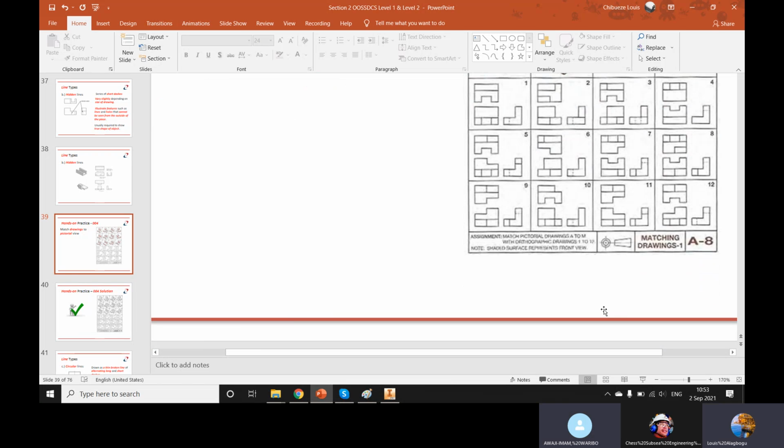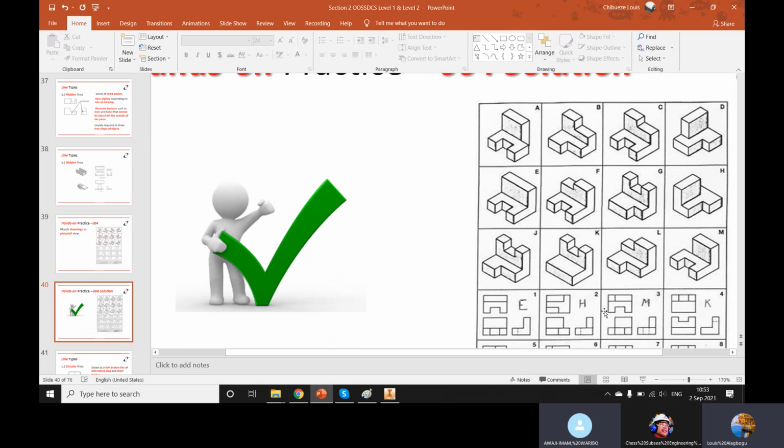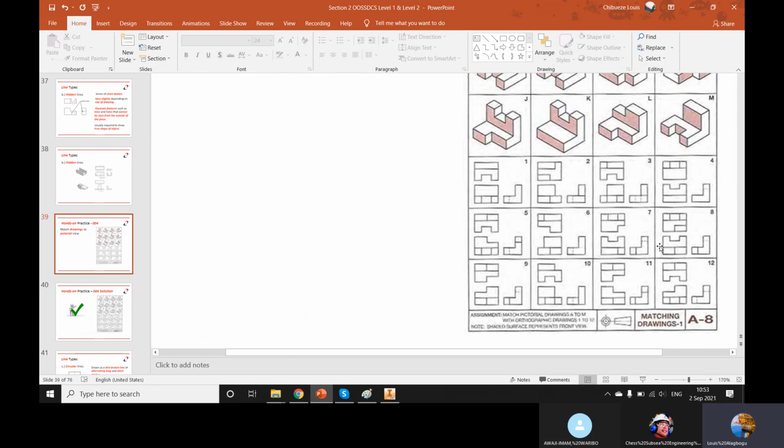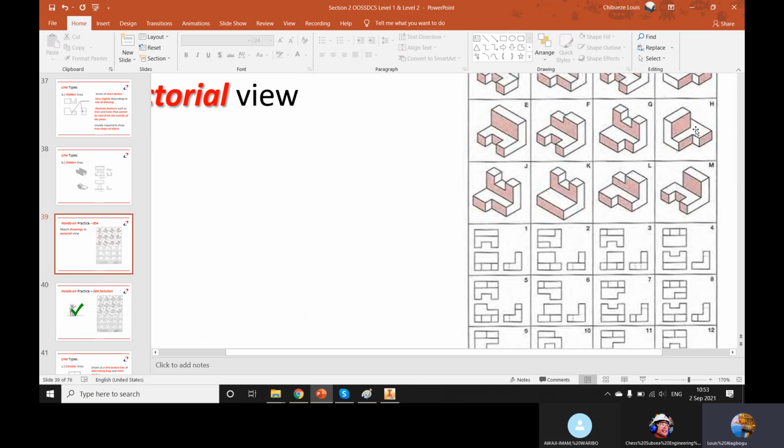The number 2 is supposed to be H, but the orientation of the image, even if it is H, the top view is not clearly H. That's why I said we should move on.